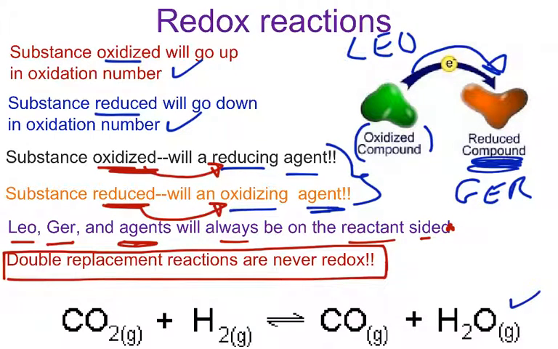We have this equation: carbon dioxide reacting with hydrogen gas to produce carbon monoxide and water. As we always said, oxygen most of the time has a -2 oxidation state, and we have two of them right here, so 2 times -2 gives us -4.